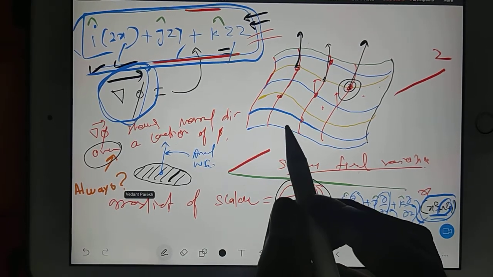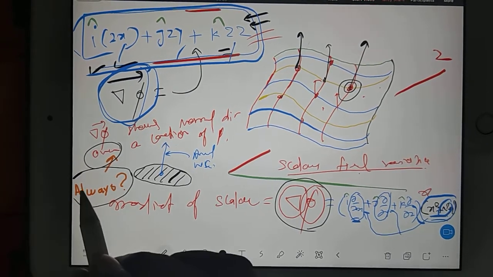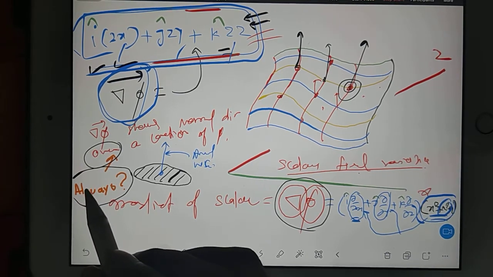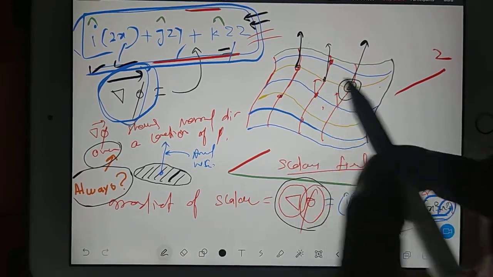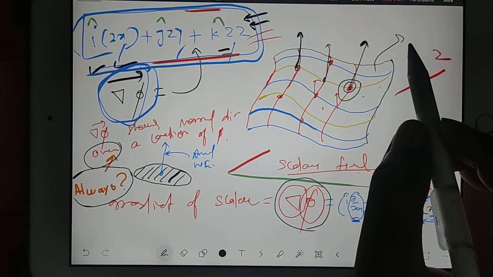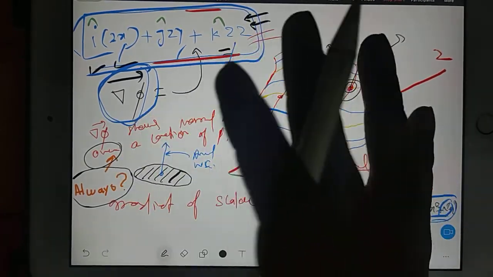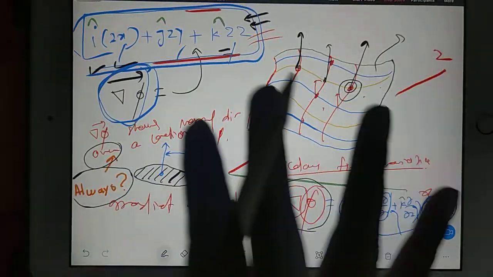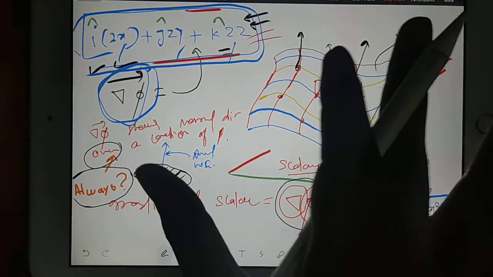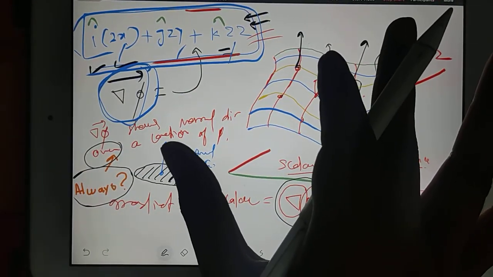Yes, Vedant, don't be confused, always. Loosely you can say that it is converting a scalar into a vector, but the reality is it gives the direction of the normal at any specific location in the scalar field.